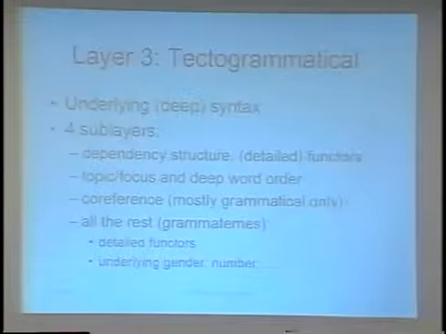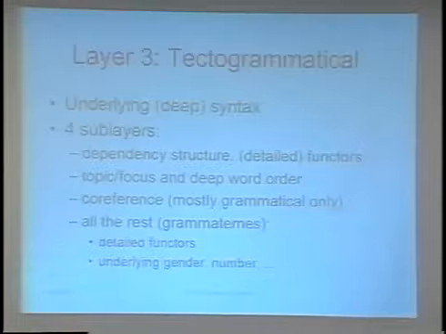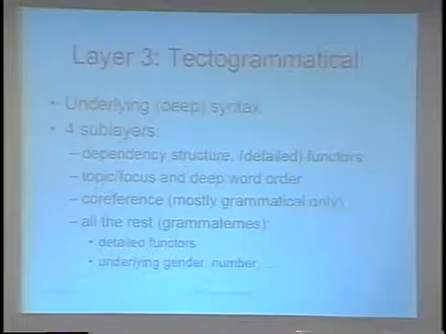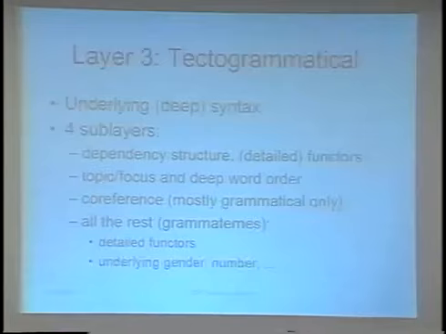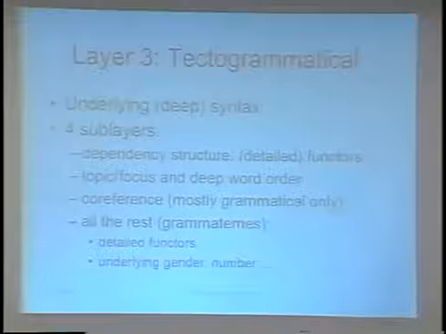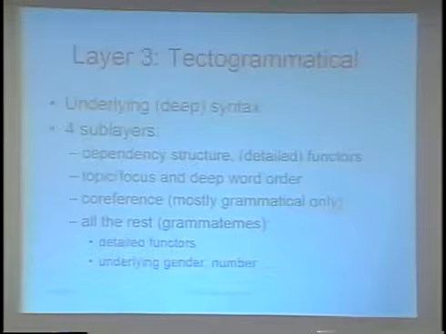So the first sublayer is the dependency structure and so-called functions. And I will show a difference between the dependencies on the surface level and the deep level, and the functions on the surface level and the deep level. Then the next sublayer is the topic and focus, and again I will show an example of what it means. Coreference is the third layer, and I won't talk much about the last, which is just bits of information that have to be filled in so that we don't lose anything.